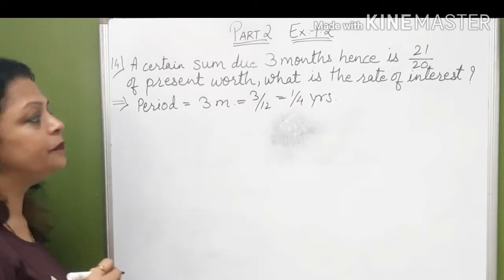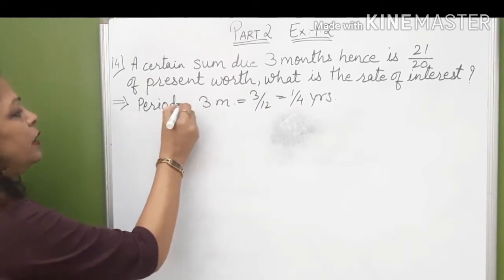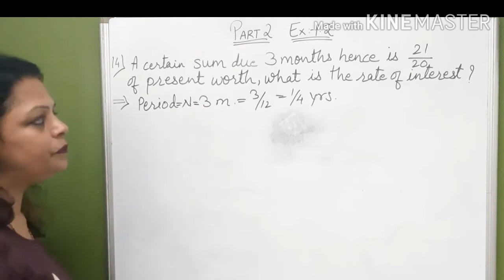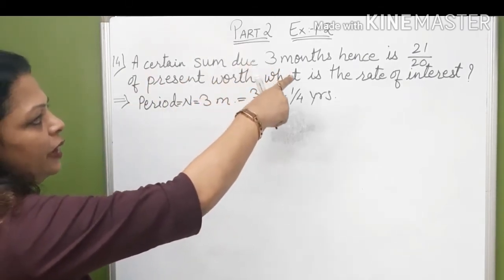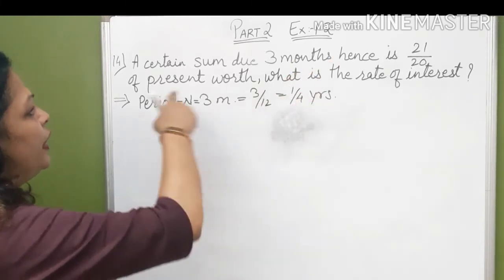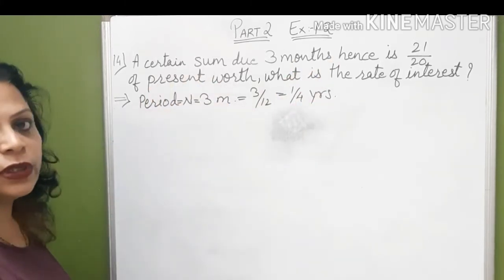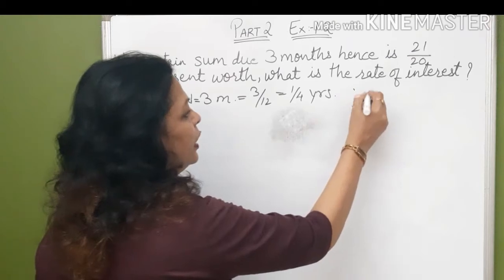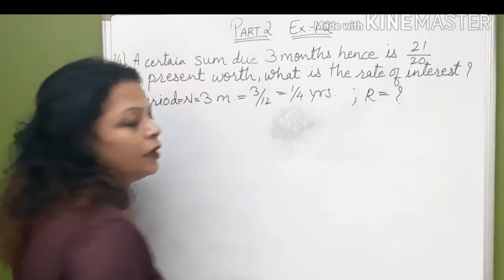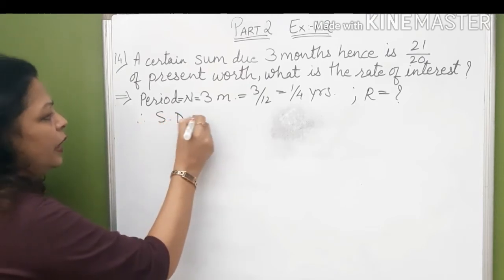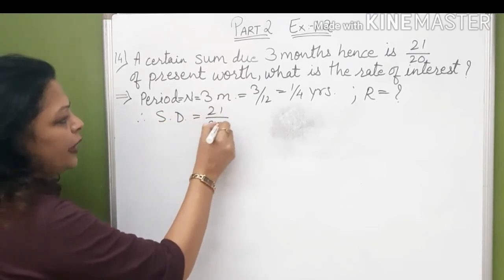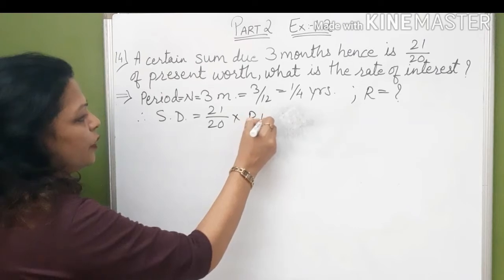Your N. Correct? Let us write this is period is nothing but your N. Now what they have said is certain sum due 3 months hence is 21 upon 20 times the present worth. And we have to find the rate of interest. Correct? So therefore sum due is 21 upon 20 times the present worth.